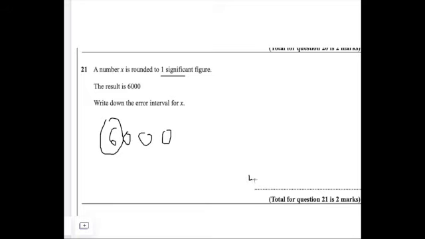That would be 5,500, because that is the smallest number that would round up to the thousands, because you're looking at the thousand column. It has to be greater than or equal to 5,500 and less than 6,500.